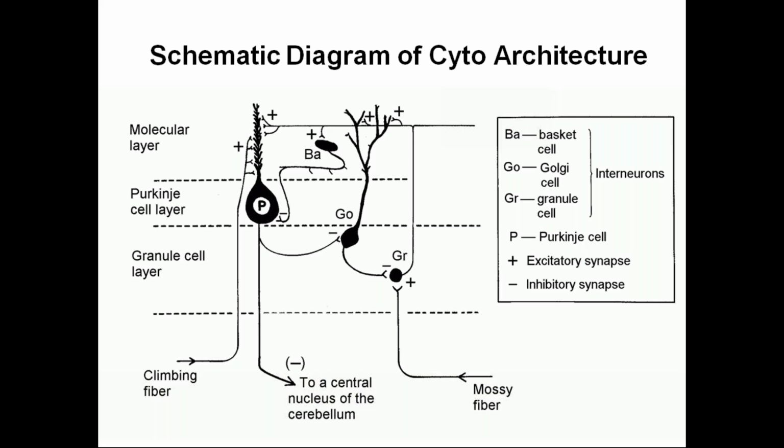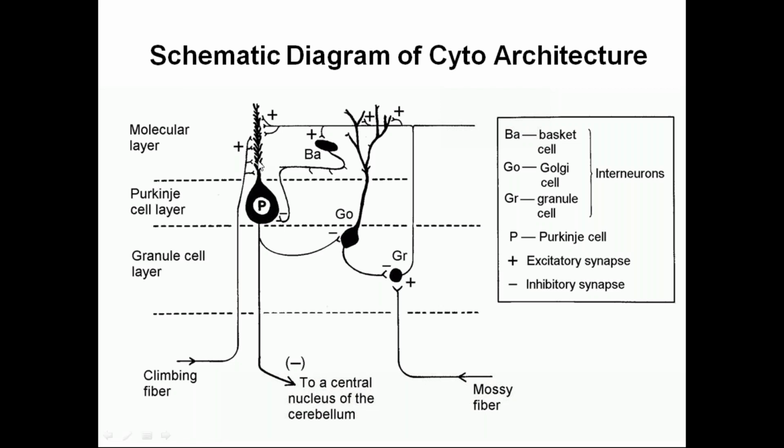because they are like leaves. Now this is a schematic diagram of the cytoarchitecture. The main cell of the cerebellum is the Purkinje cell, in a single cell layer.